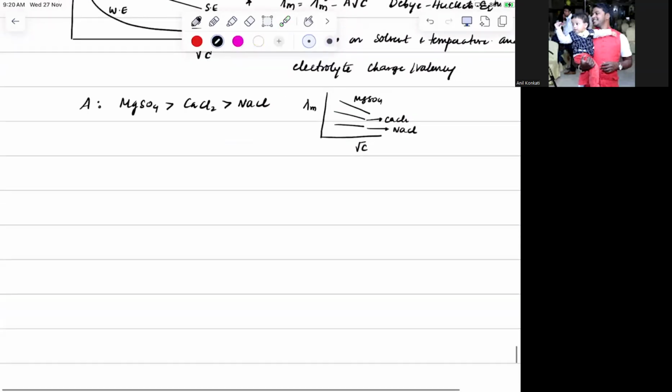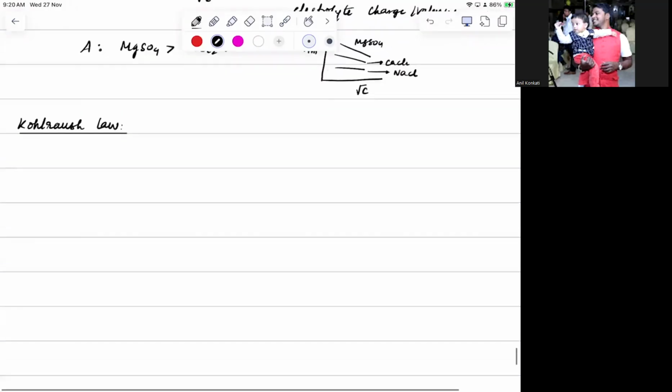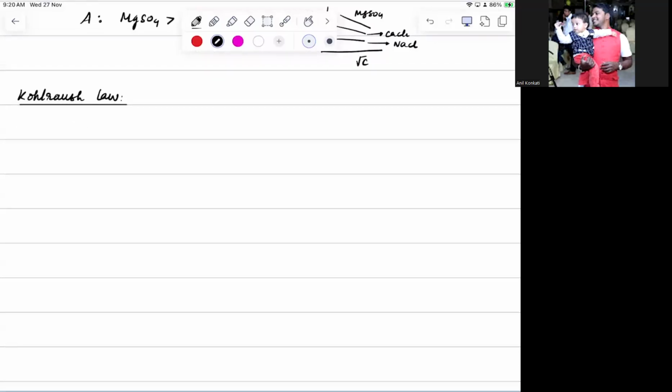Okay. The next thing we need to understand is Kohlrausch's law. This is about independent migration of ions. If lambda m of a particular ion, K plus, in K2SO4 solution is observed, and lambda m infinity of K plus in KCl solution is observed, both will be the same.